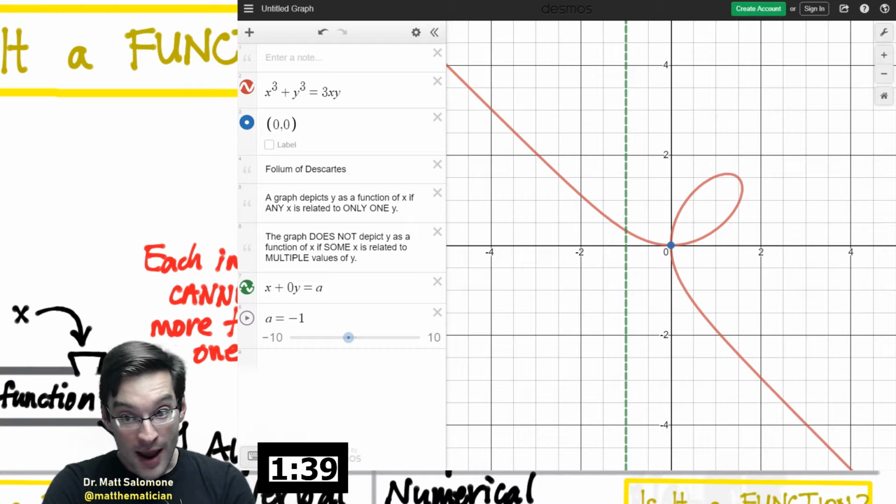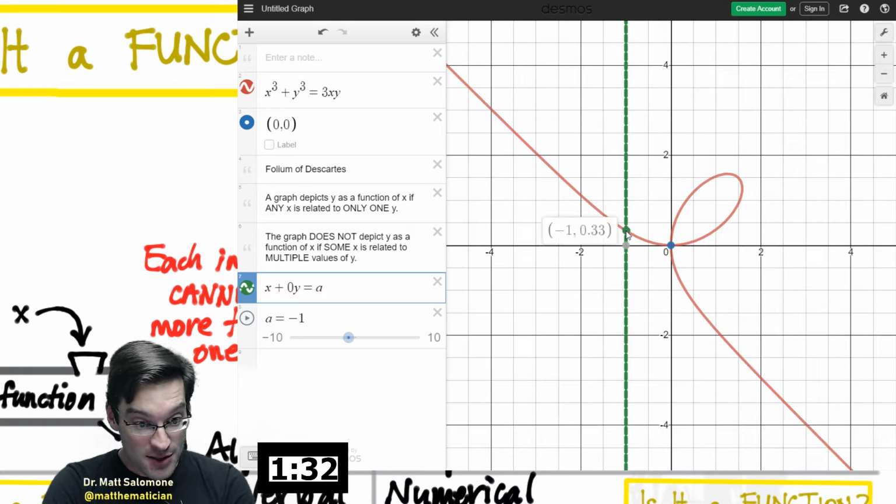Well, looking at this graph, we now know how many values of y correspond to this value of x, because those values are just given by the intersection point of this vertical line with this graph. And according to this graph, it looks like the value of y, and there's only one of them, that corresponds to x equals -1, is about y equals 0.33.